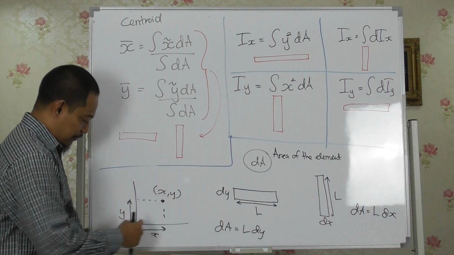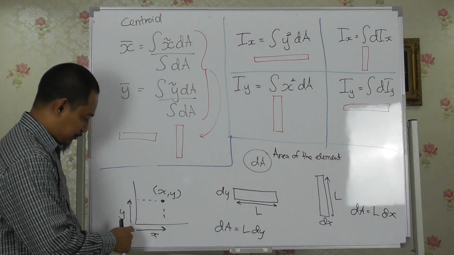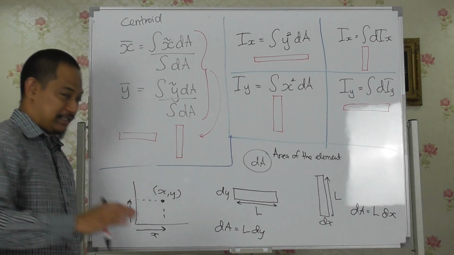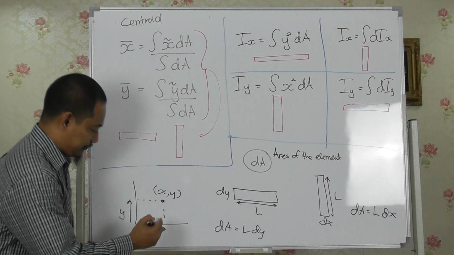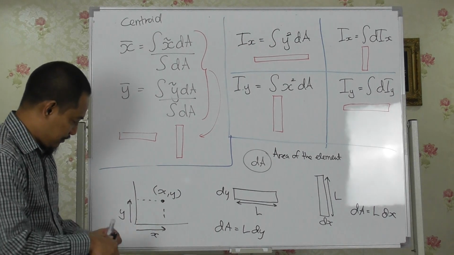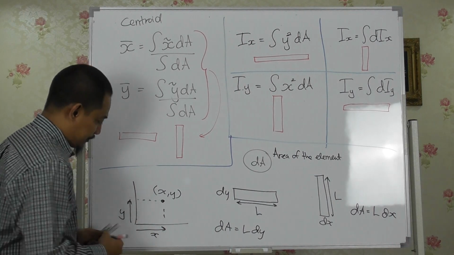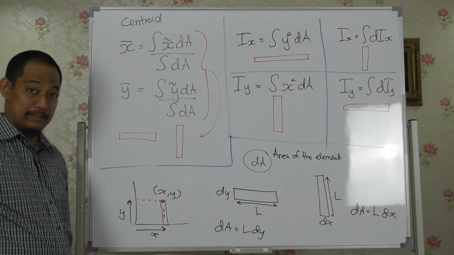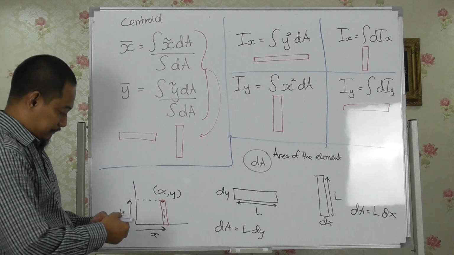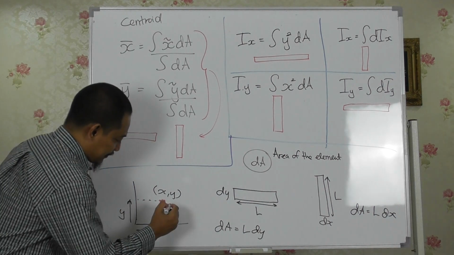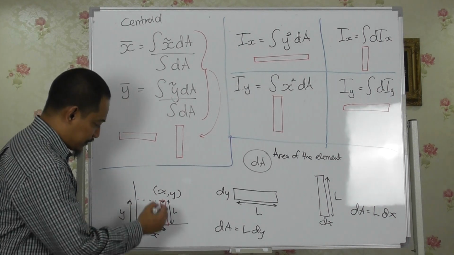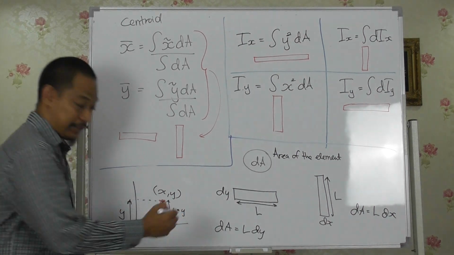So that x and y is with respect to the length from the origin. Hopefully you understand. So it is quite straightforward if the element is like this. Okay, I use red. If the element is a vertical element like that, then obviously this length here coincides with this y, right? So L equals y.